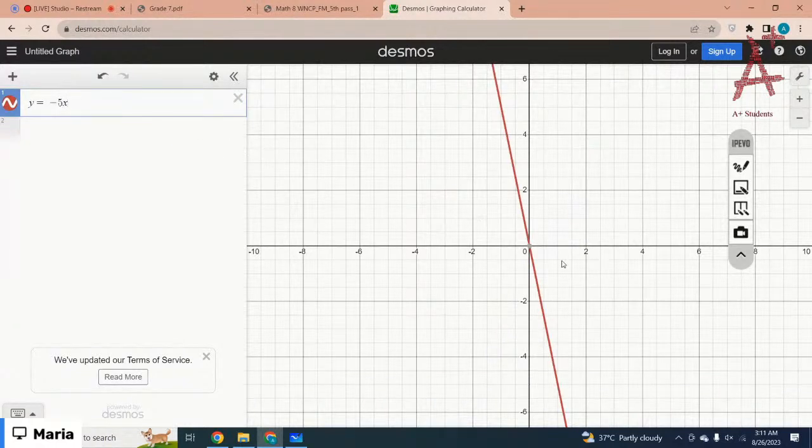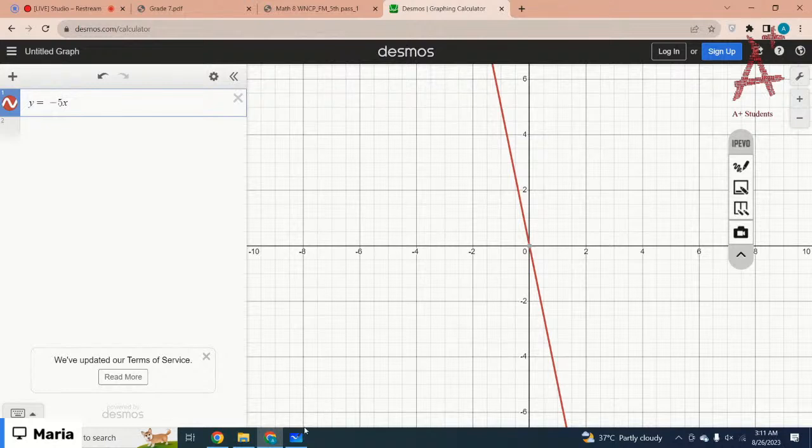Okay, here is the graph for y equals negative 5x. 0, 0, right? When x is 1, y is negative 5, right? You can see here 1 and negative 5, right?